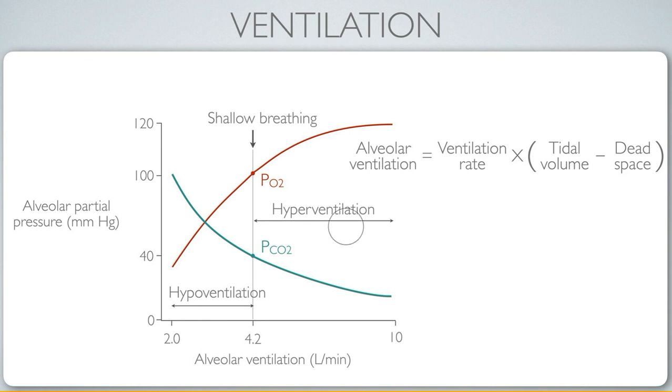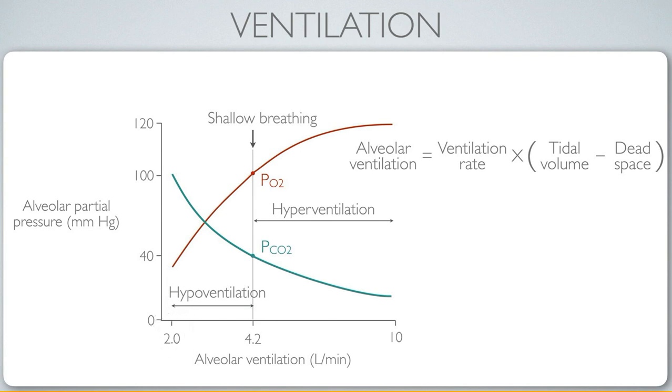So, with a less than half drop in the ventilation rate, we can see that effectively the lungs are doing virtually nothing because the partial pressure for O2 that's arriving at the lungs is already at a level that's comparable to what can be achieved by the ventilation rate of 2 liters per minute.